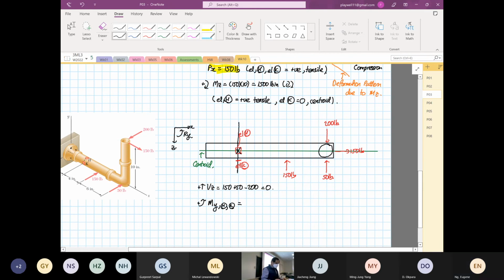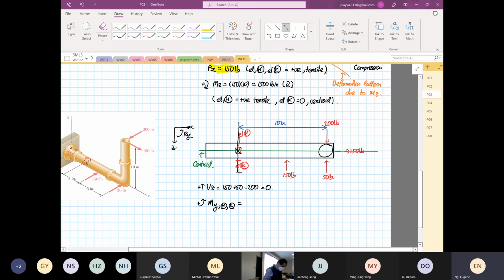Now we have to find the perpendicular distance. For this case, the distance from here to the 200 is equal to 10 inches.